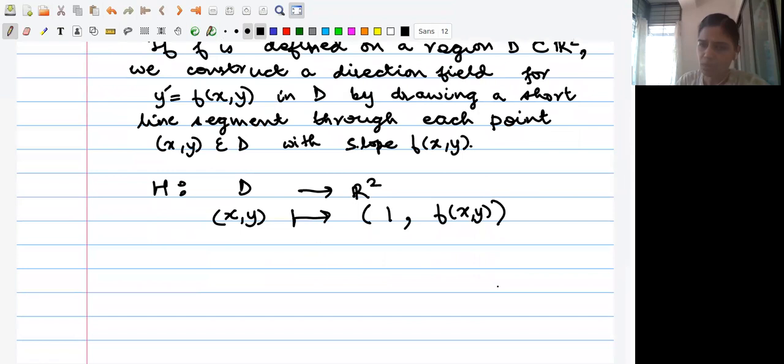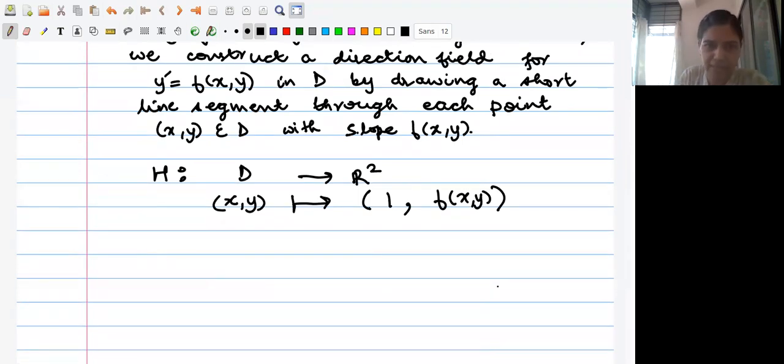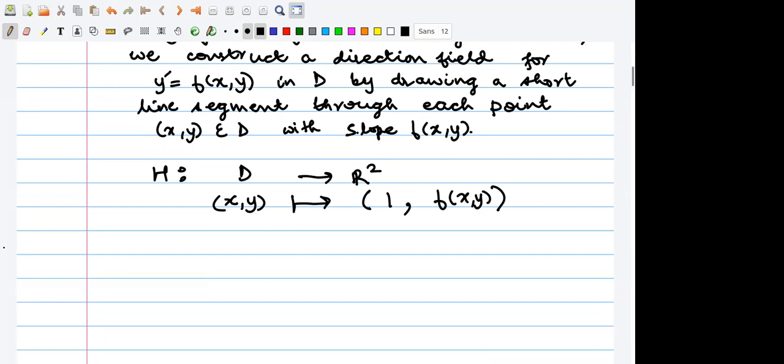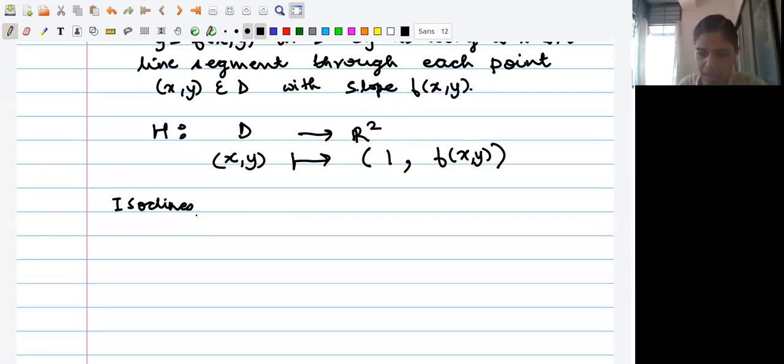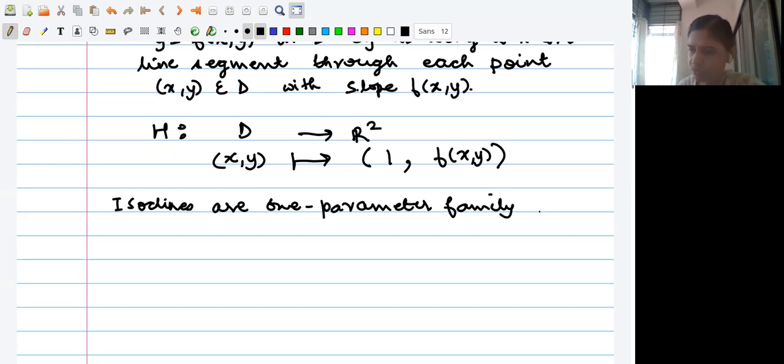Right. Okay. Now, let me go ahead. Where do isoclines fit in the picture? Isoclines are a one-parameter family of curves.